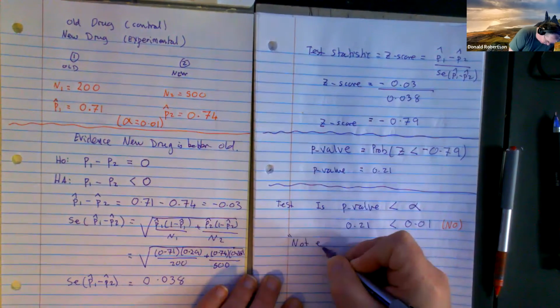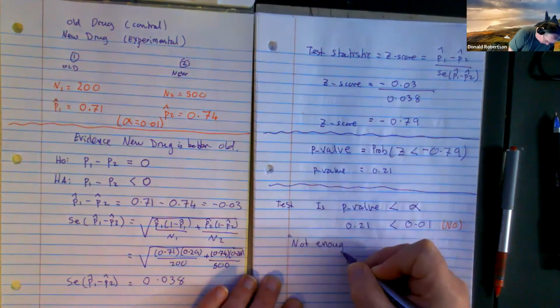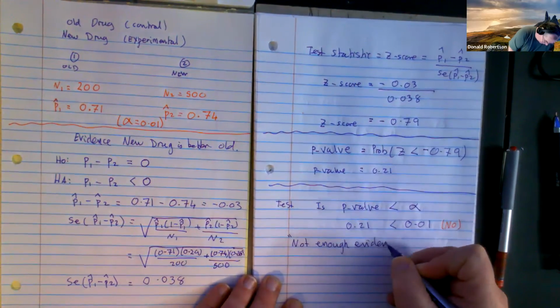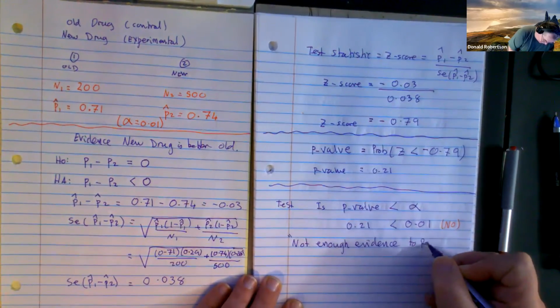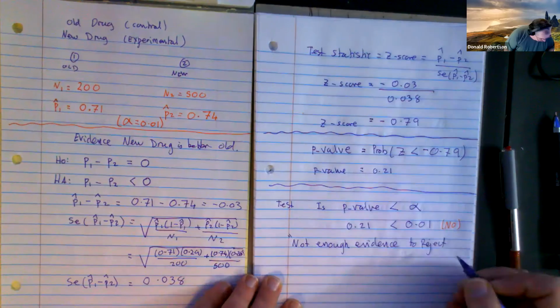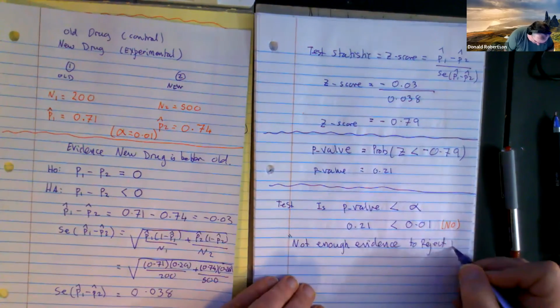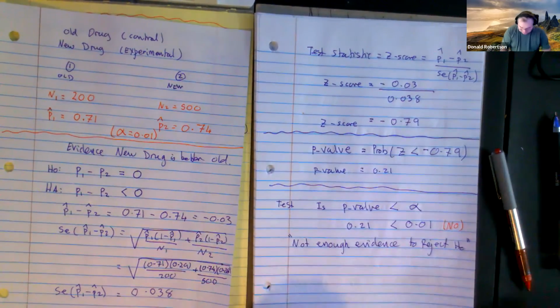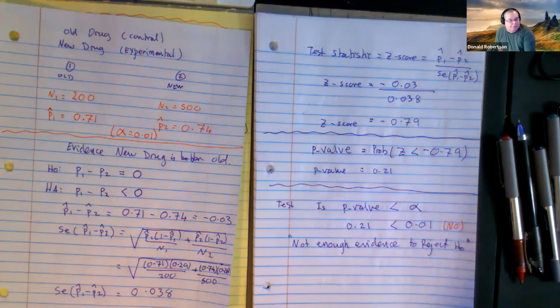Not enough evidence to reject H0. In English, there's not enough evidence to prove that the new drug does a better job at reducing seizures due to epilepsy than the old drug.